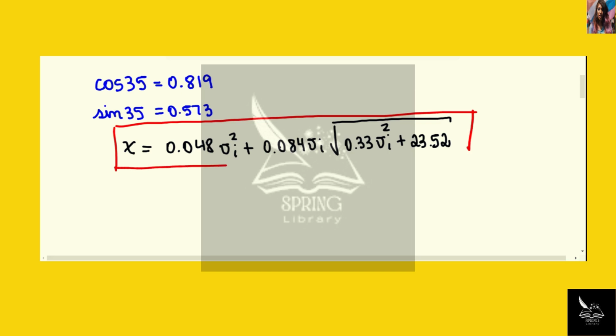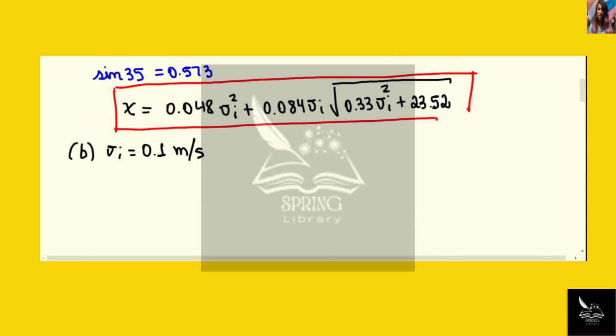On question B and C, we have to find what is x for vi equals 0.1, and then for C we have to find for vi equals 100.